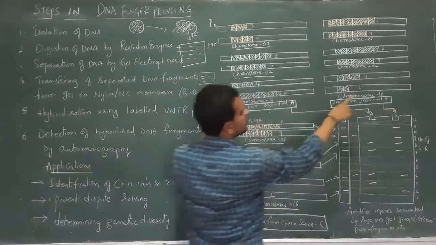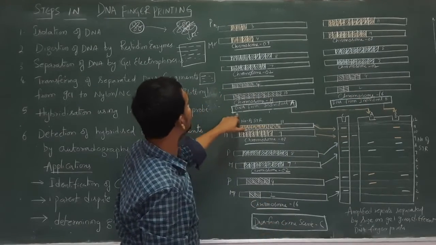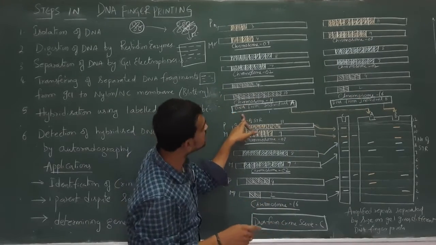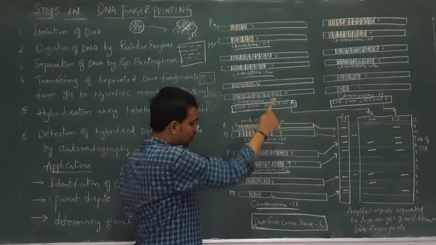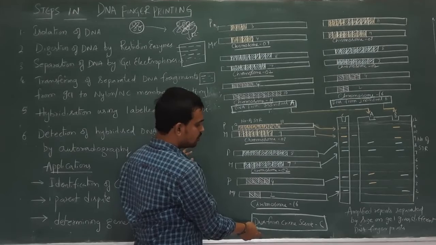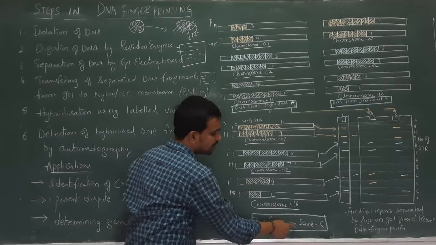Here 4, 2. So here also, the tandem repeats present in chromosome 16 of individual A cannot be matched with the tandem repeats present in chromosome 16 of DNA from crime scene C.